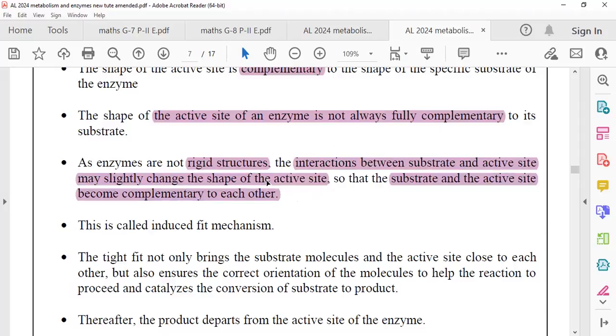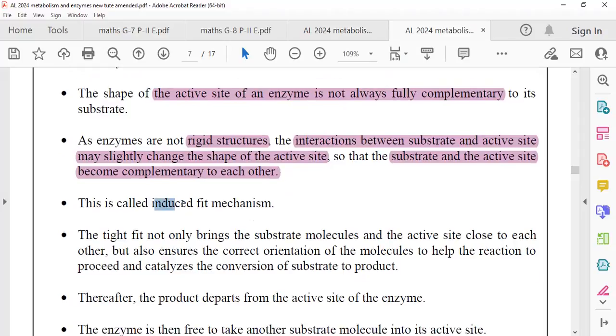That means full complementarity is possible only with adjustment. Understood? Yes, sir.